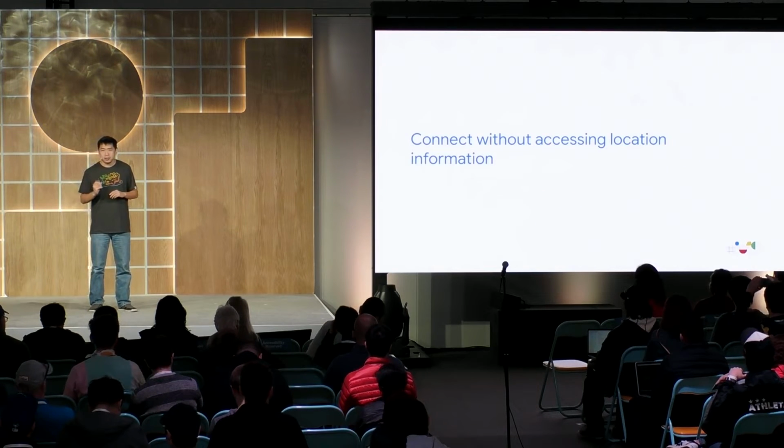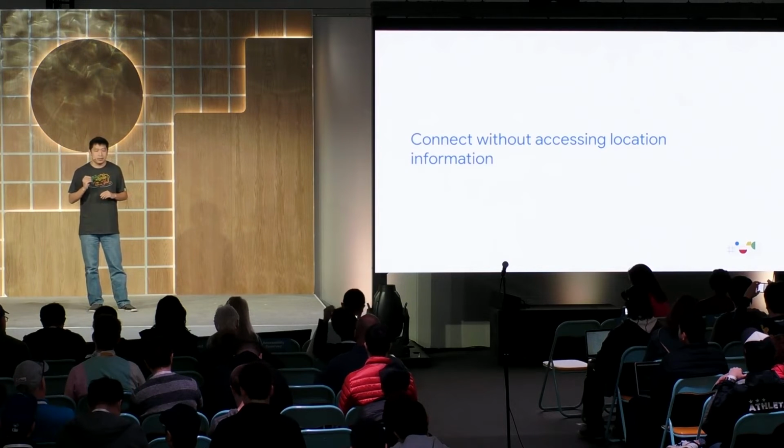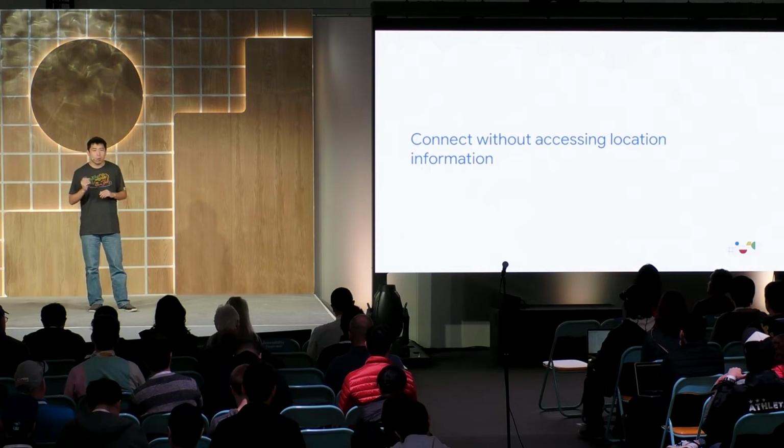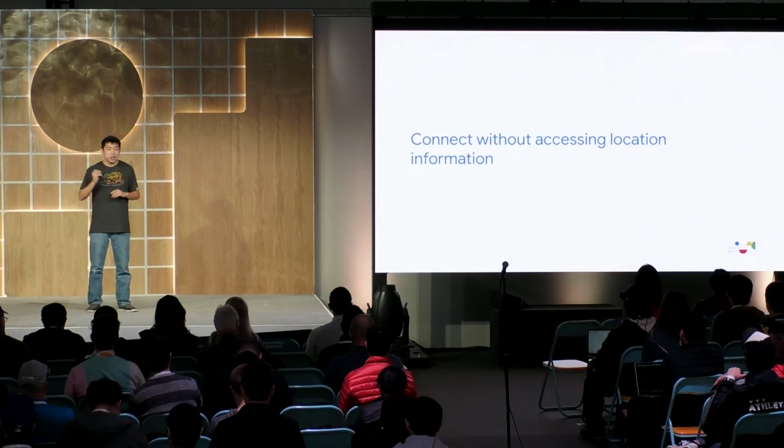The key difference from the pre-Q API is, using the new APIs, the application will not get access to the nearby Wi-Fi device information. So the application does not need to request location permission.